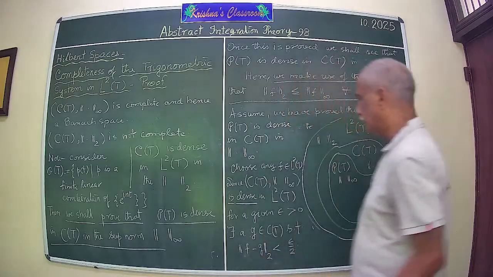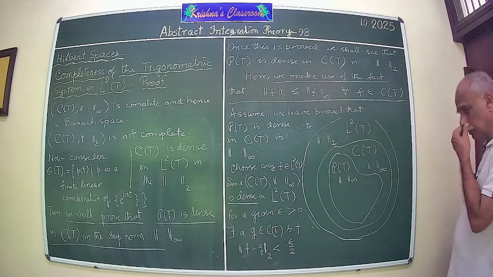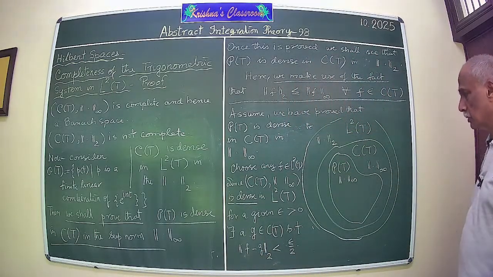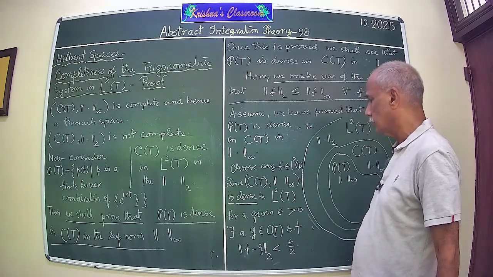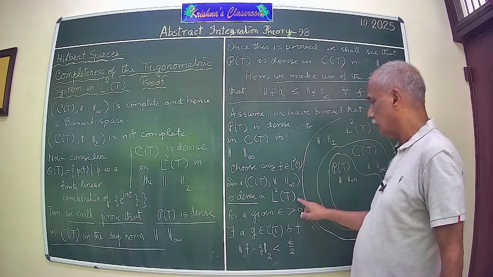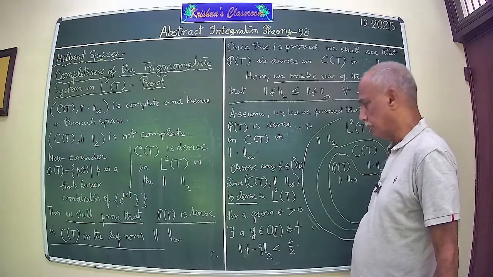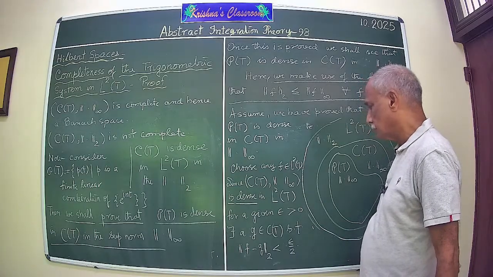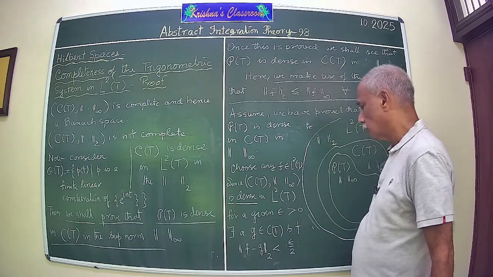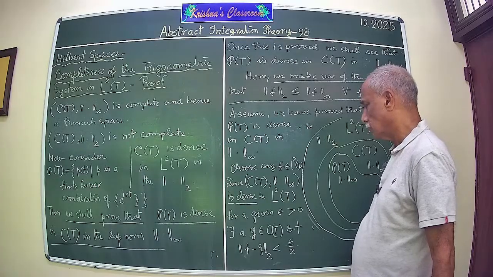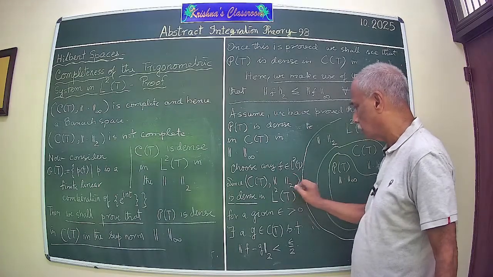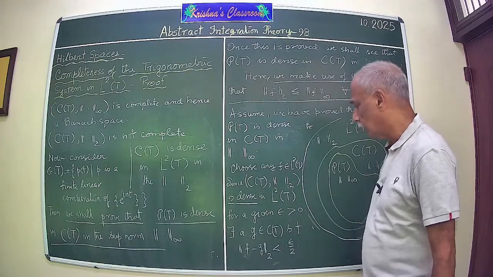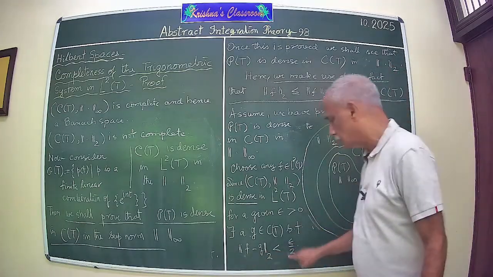This is the density part of the theorem that we are using. Since C(T) with norm 2 is dense in L2(T), we have this result.